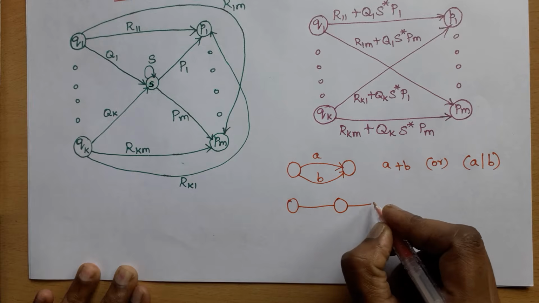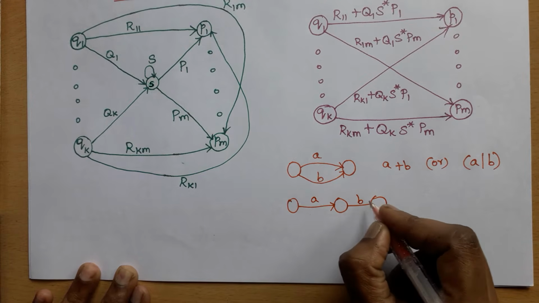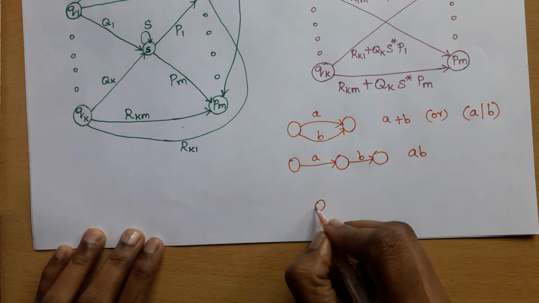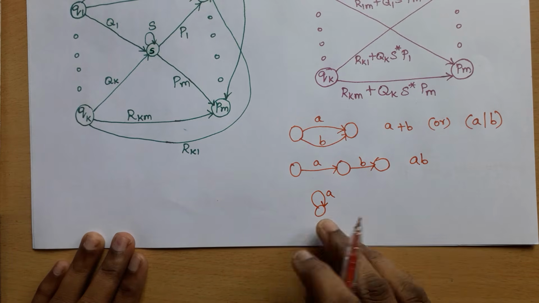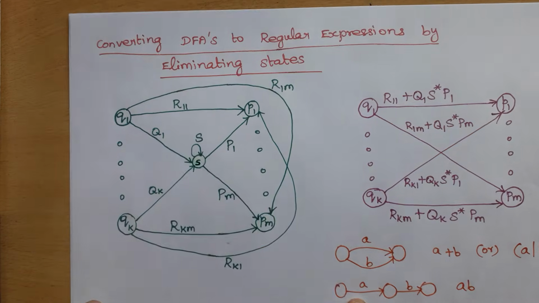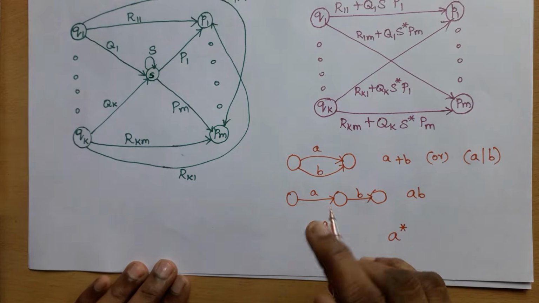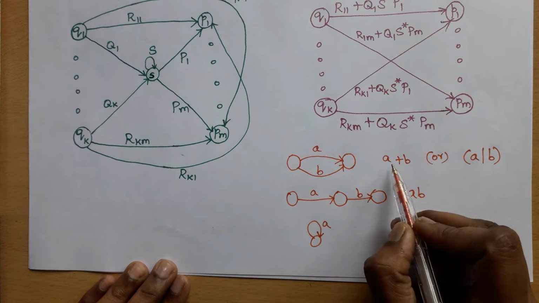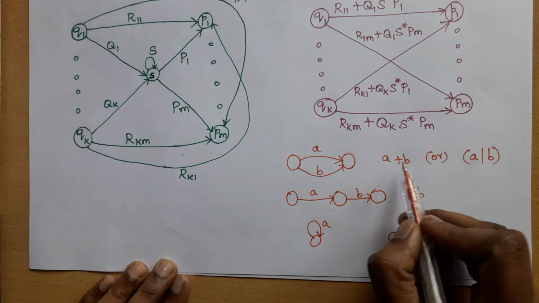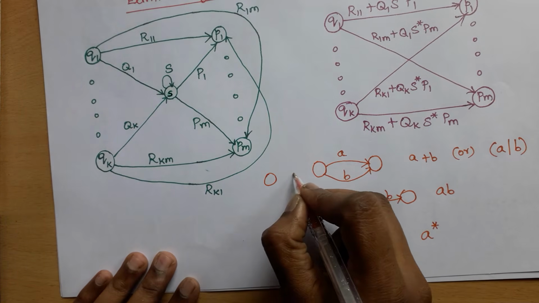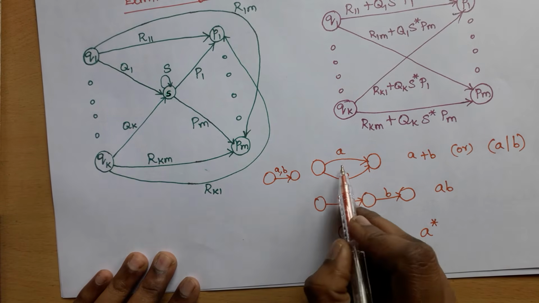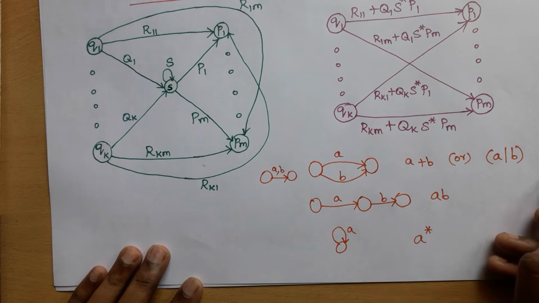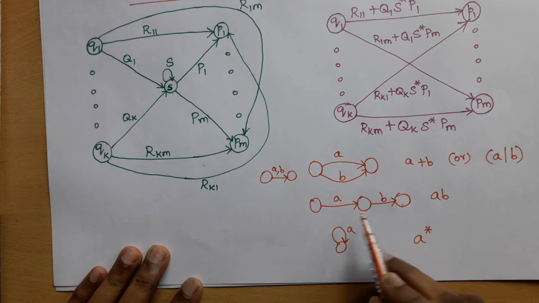Then if we have a transition diagram like this, A followed by B, the regular expression is AB, the concatenation of A and B. Suppose a state has a self transition on A, then the regular expression is A star, because here we are going to convert DFAs to regular expressions. If there are two paths from one state to another state, then we write A plus B, or A vertical bar B, sometimes A comma B. If A is followed by B, then we concatenate these two symbols.